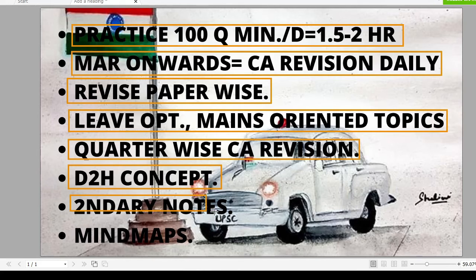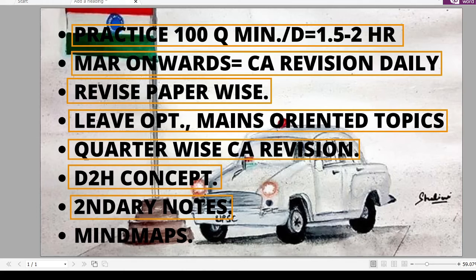Let's discuss the next point, that is secondary notes. You feel difficulty in remembering your own notes when your notes get bulky, because when we prepare notes for an exam like UPSC, we have to mention a lot of extra things, which sometimes makes the notes bulky. So in secondary notes we mention small points.